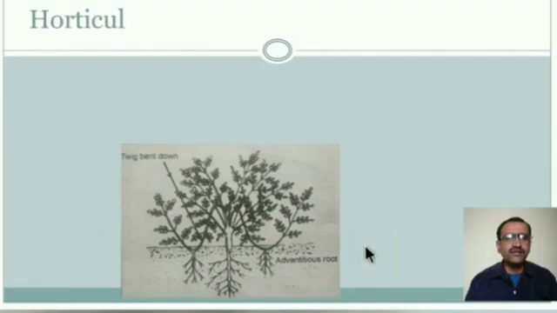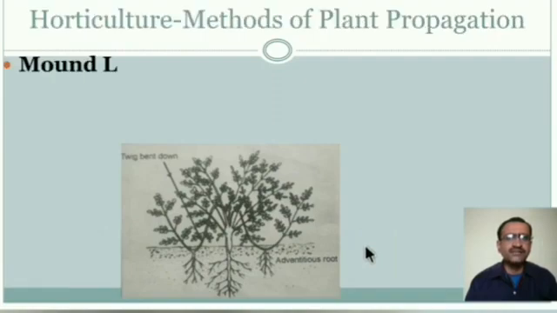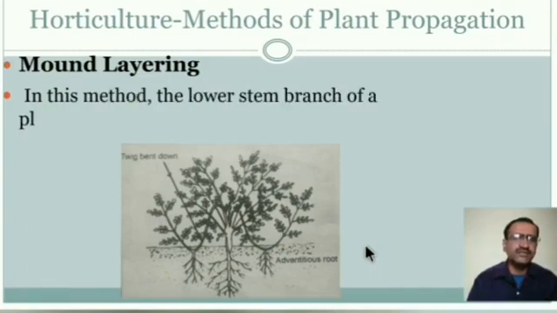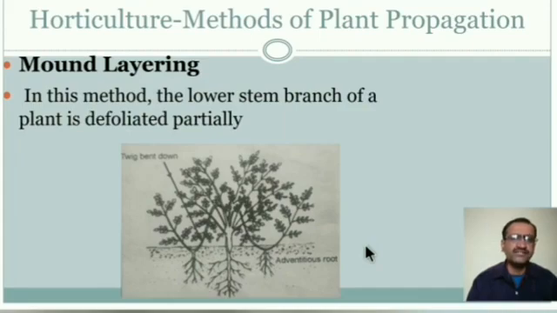The first method of layering is mound layering. What is meant by mound layering? In this method, the lower stem branch of a plant is defoliated partially. Let us see here. This is the plant, and this is the lower branch of the plant, and that branch is defoliated.